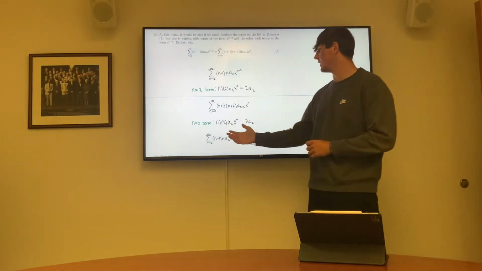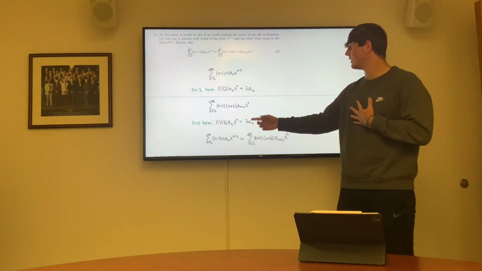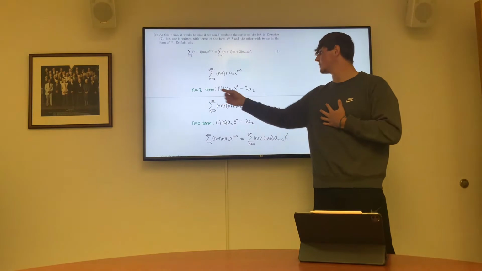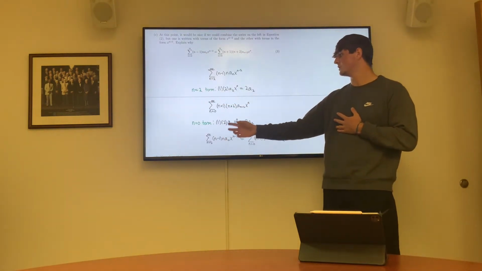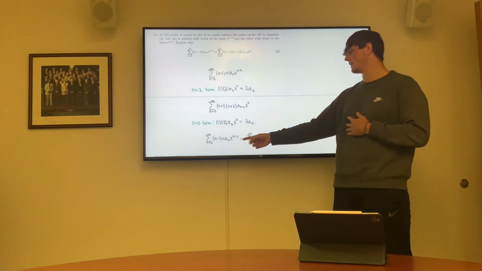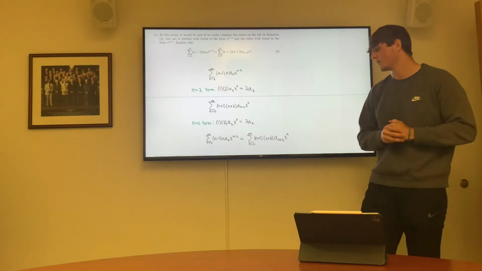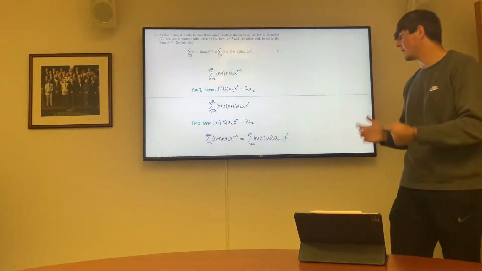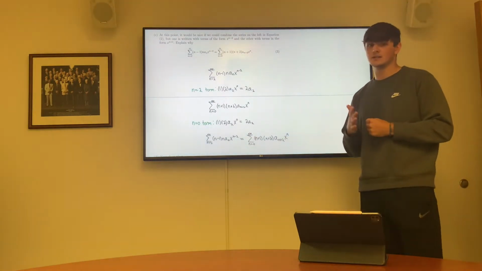If we double check our n equals 0 term, we get 2a_2, which is equal to our n equals 2 term. Therefore, the sum from n equals 2 to infinity of n minus 1 times n times a_n times x to the n minus 2 equals the sum from n equals 0 of n plus 1 times n plus 2 times a_(n+2) x to the n.